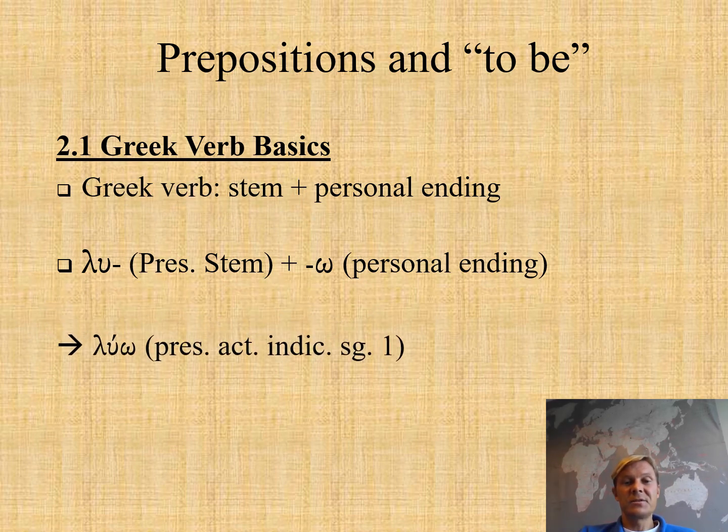This is what you would find in your vocabulary and in your dictionary. So we say luo, and if we analyze it grammatically, or parse it, it is present, active, indicative, first person singular. But we'll get to those things later.